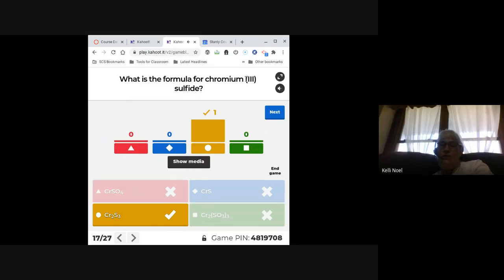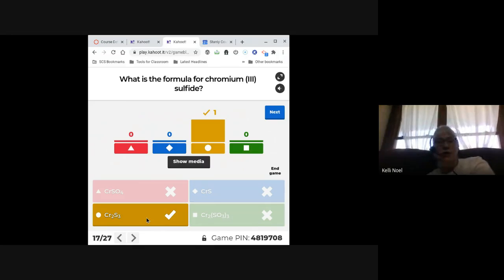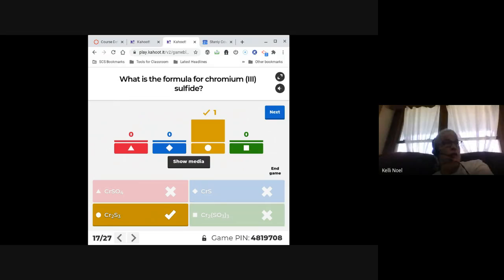Because it was 3, you needed to find the 3 with the S. If it's IDE, it's just a regular element, so that would have narrowed you down to CrS and Cr2S3. You'd need to look up sulfur to make sure what its charge was, because if you chose CrS, you're saying that both of them had a charge of 3, with S having a -3, but sulfur has a -2 charge.